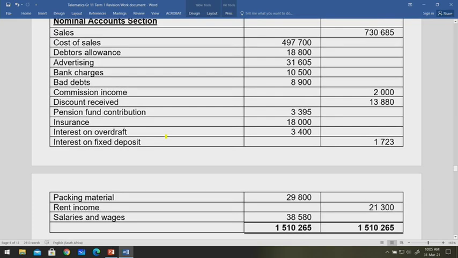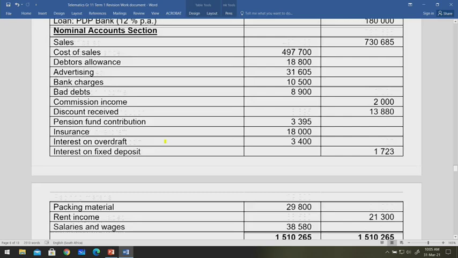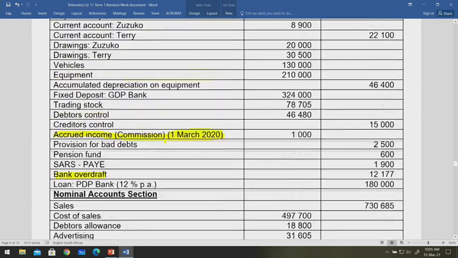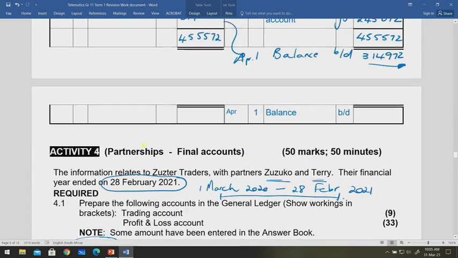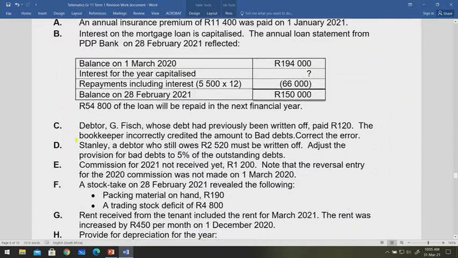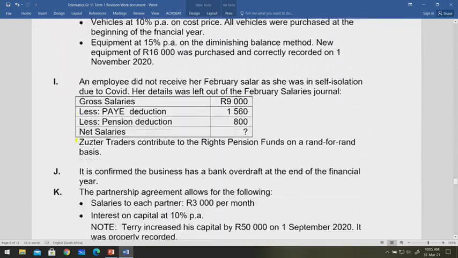Nominal accounts, sales, cost of sales, debtors allowance, advertising, bank charges, bank debt commission, income, discount, pension fund contribution, insurance, interest on fixed deposit, packing material, rent income, and salaries and wages. That is just the normal expense accounts. Then they give us all the adjustments.